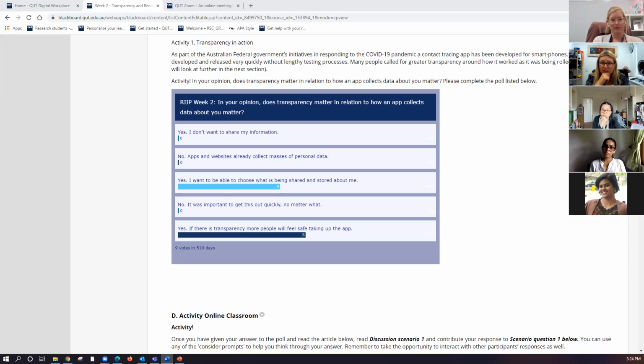Have many people in Fiji taken it up? Yes, I think almost everybody has to have it, because if they go anywhere, the shops have scanners that you have to scan through that app. Over here, we're using QR codes where we scan and register that way. Same thing, you've got both the app and the codes. Oh, wow. Okay. Fair enough.